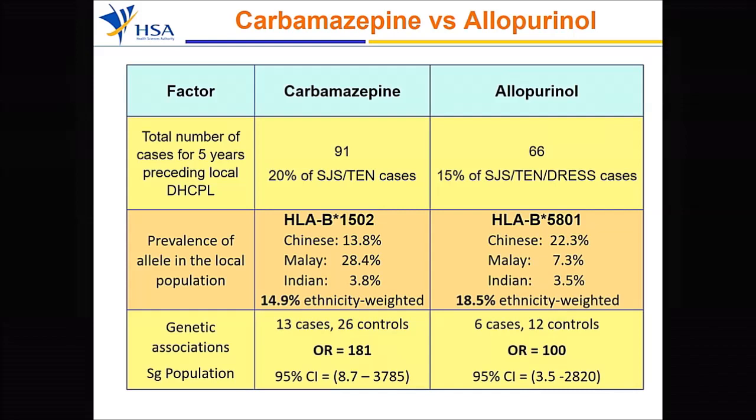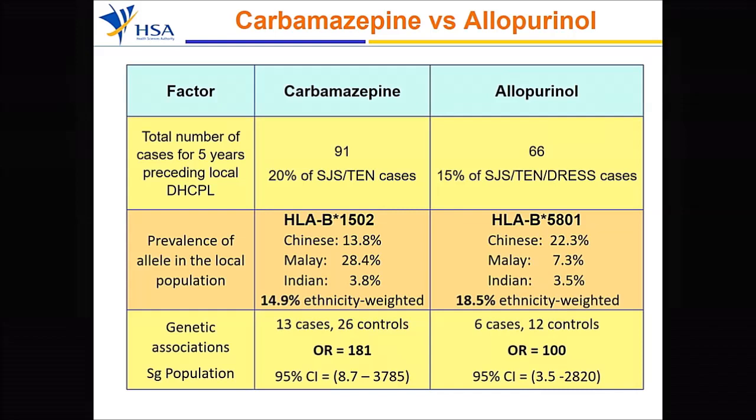Now, from the seminal work from Taiwan, an important allele in the HLA region was identified, 1502, with carbamazepine. When we look at the population prevalence, it's quite common among the major ethnic groups in Singapore, the Chinese, Malay, and Indian. You can see particularly in the Malay that 1 in 4 Malays carry this allele.